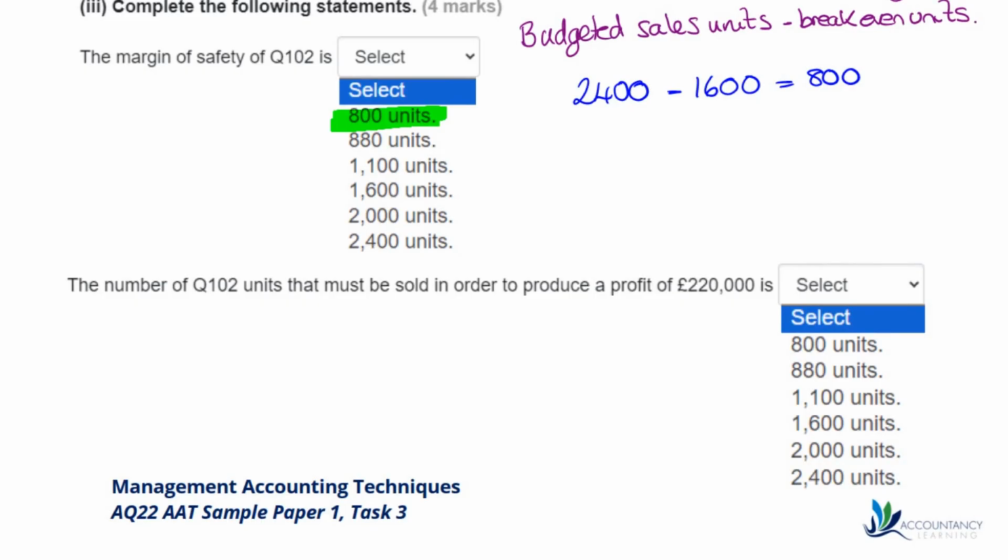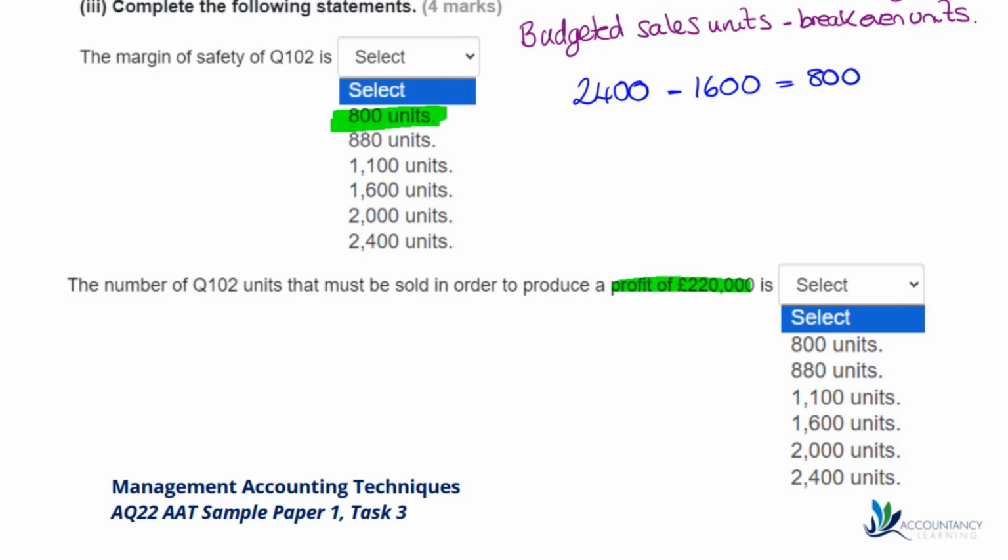Then we've got a question on how to produce a profit. So we need to produce a profit of 220,000, and we need to work out how many of Q102 we need to sell in order to produce that profit.